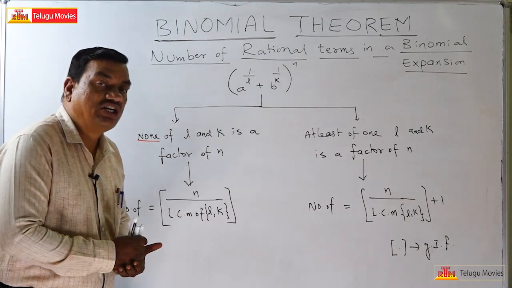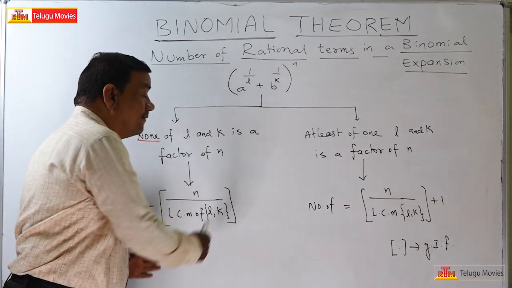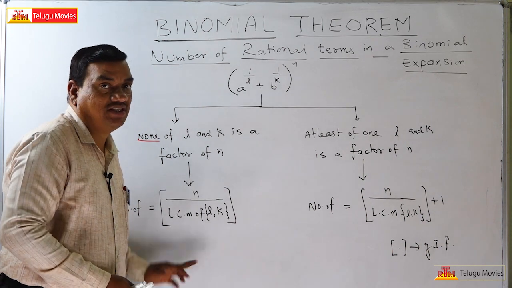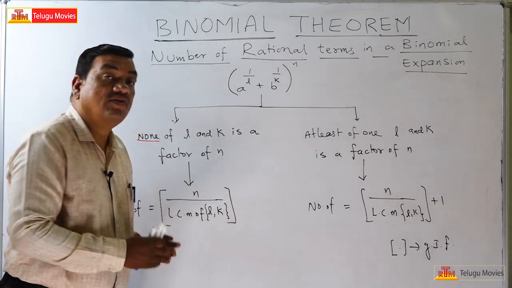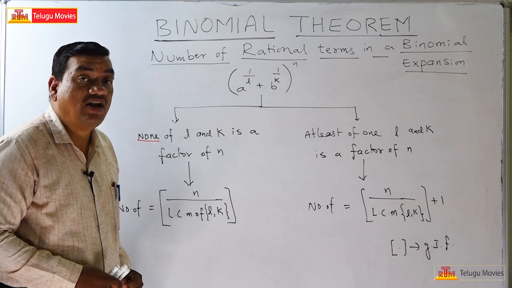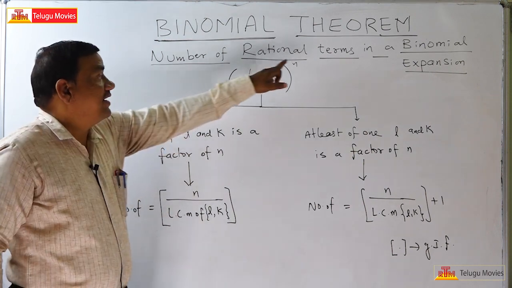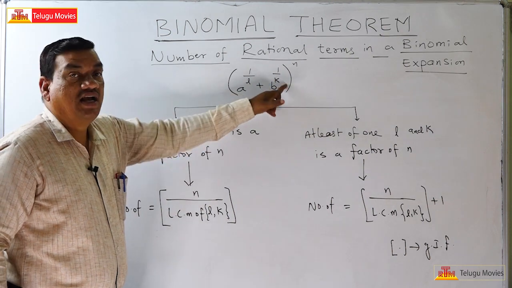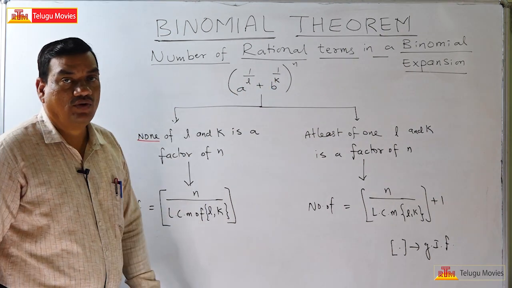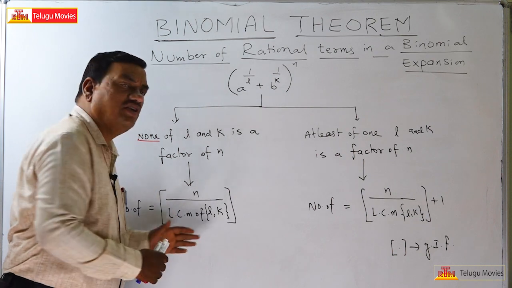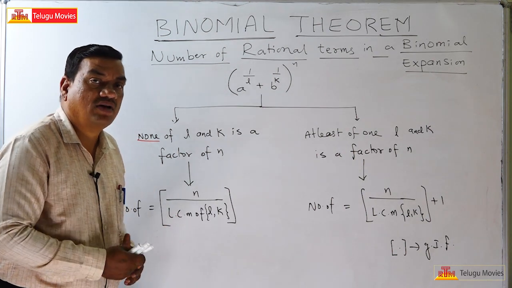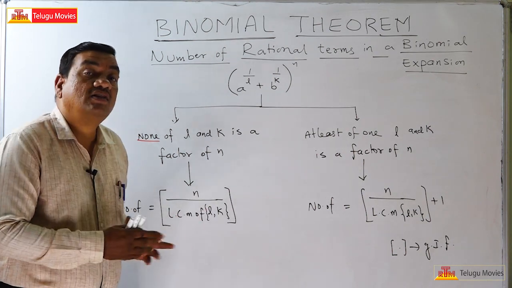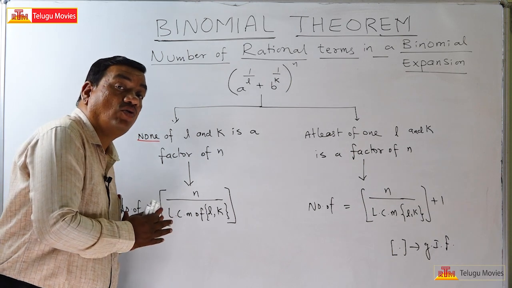You know the greatest integer function: if you get 6.5, you have to take 6. If you get 7.5, you have to take 7. That is, the greatest integer of n by LCM of L and k. After finding the value, if it is an integer, that many terms come. If it is a fraction, only the integral part you have to take.